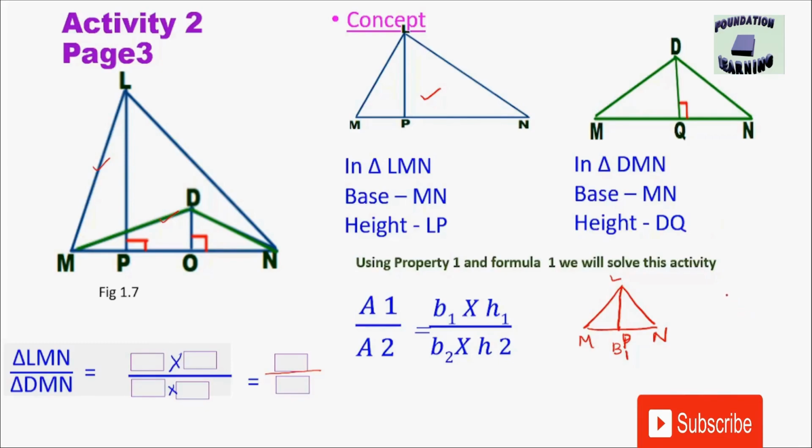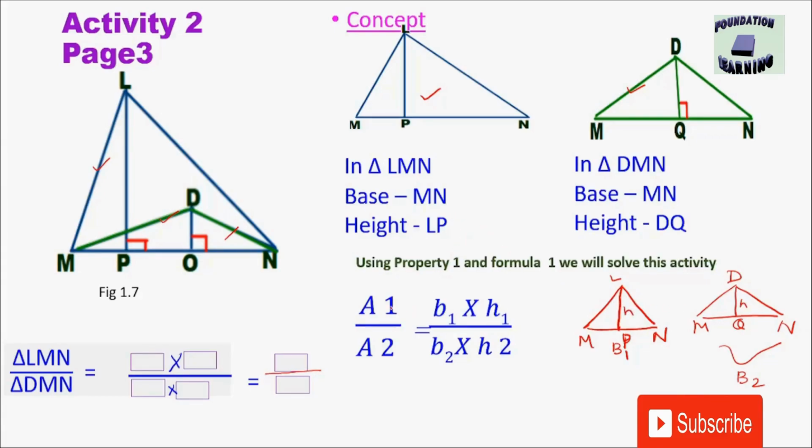Now the next triangle, which is a smaller triangle inside the bigger triangle, I have drawn it here also. That is DMN. And what is the height? The height is DQ. So this is base B2 and this is height.